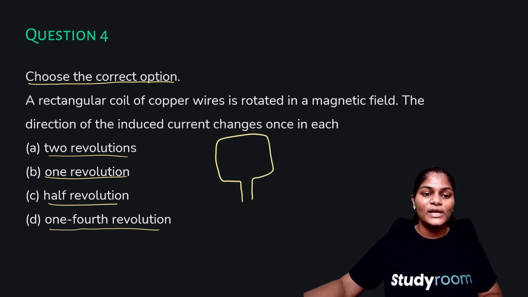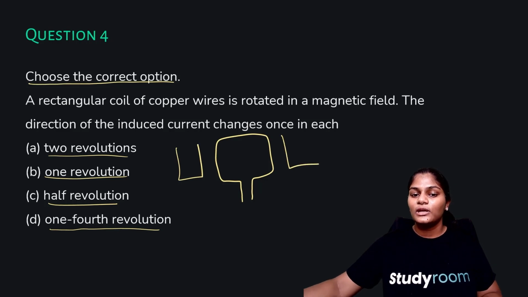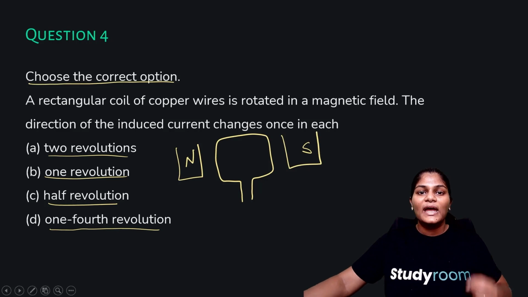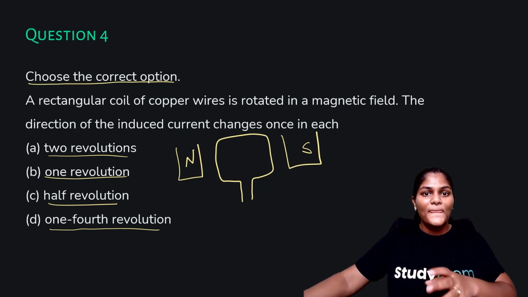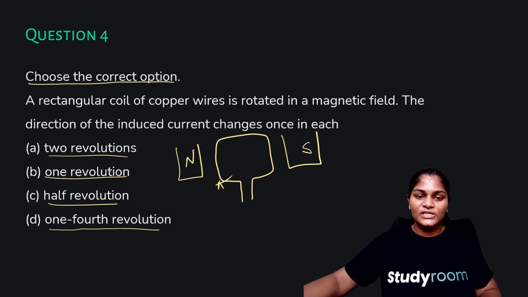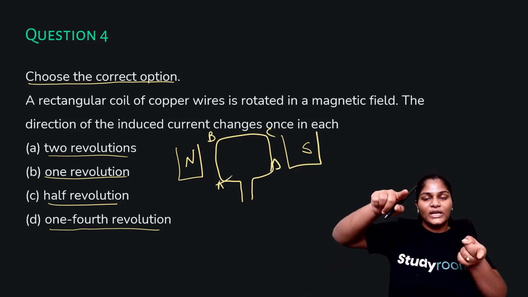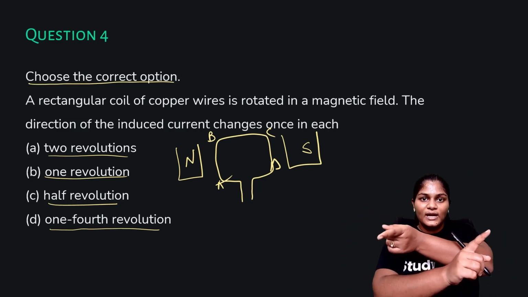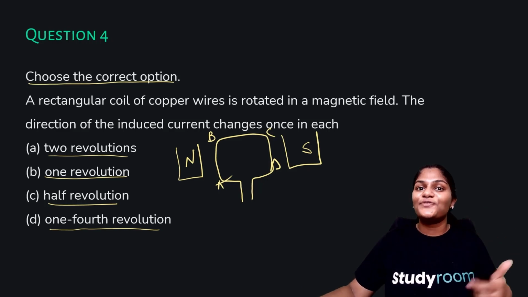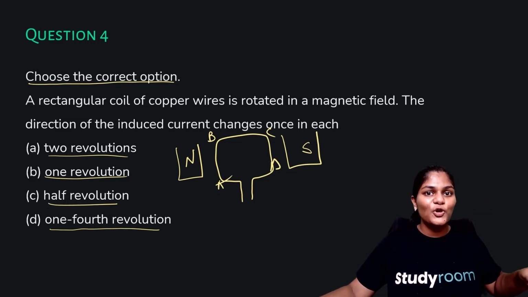The rectangular coil, and it was also placed between the 2 magnetic poles, right? So if you remember, how many revolutions did it change its direction in? Once, first time it was A, B, C, D, right? When we rotated it like CD goes downwards and AB goes upwards, then what happens? The direction of current reverses. If you don't remember, just go back and watch it.